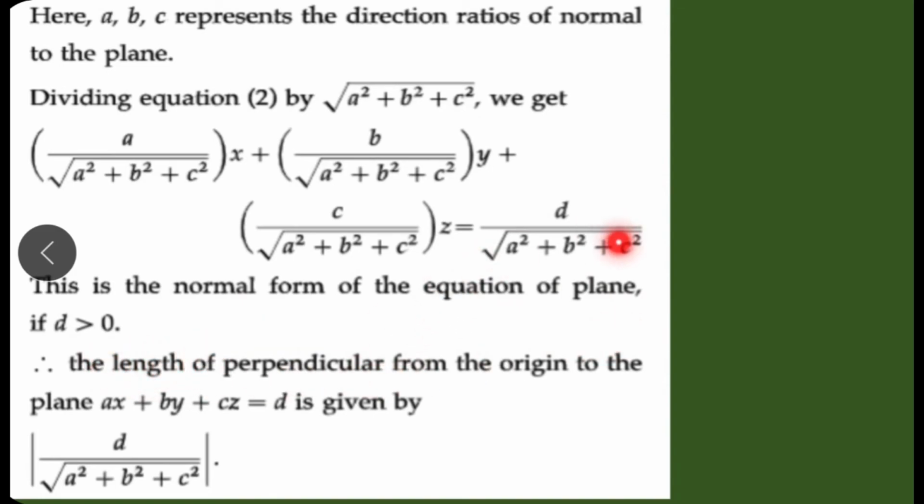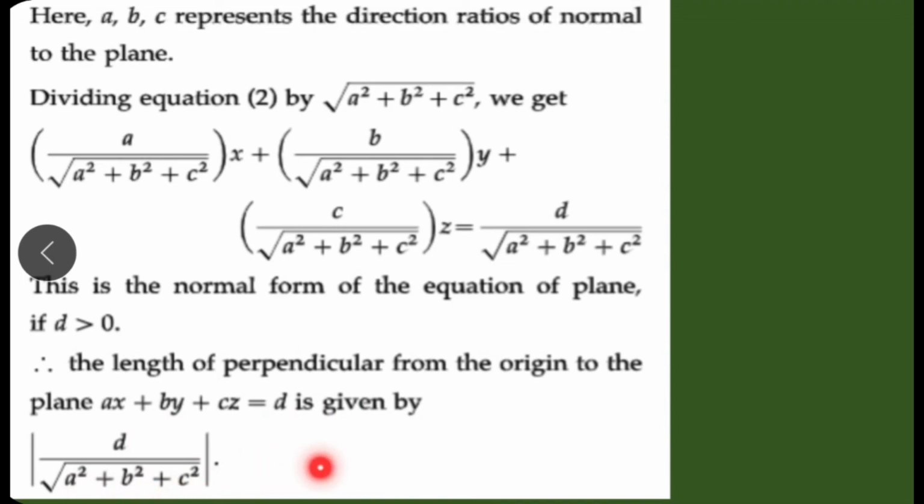That means the distance of the plane from the origin is greater than 0. Therefore, the length of perpendicular from the origin to the plane ax plus by plus cz equals d is given by mod of d upon root a square plus b square plus c square.